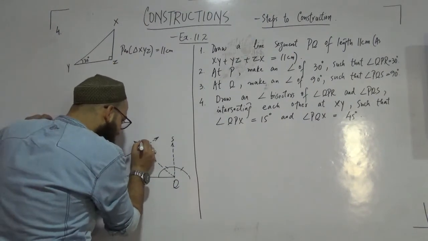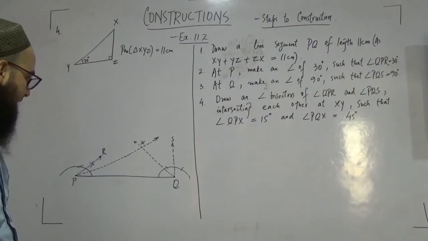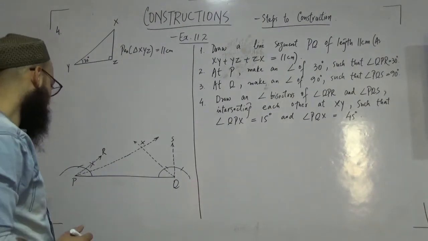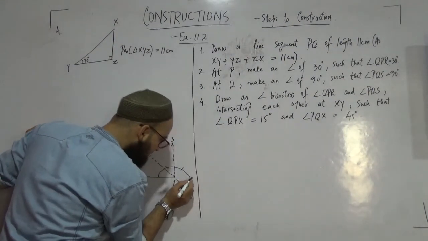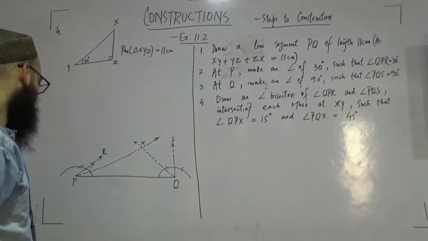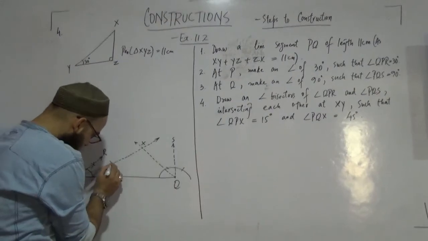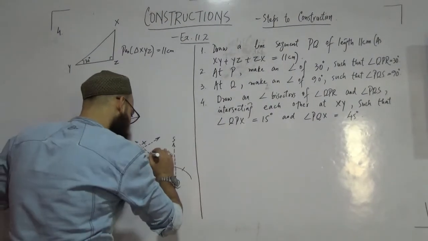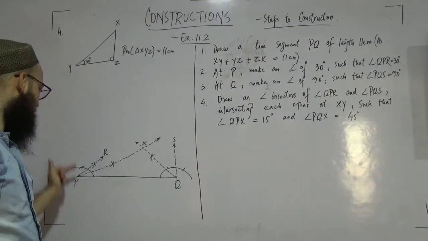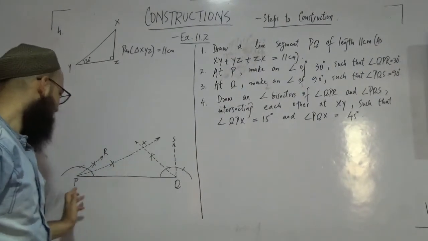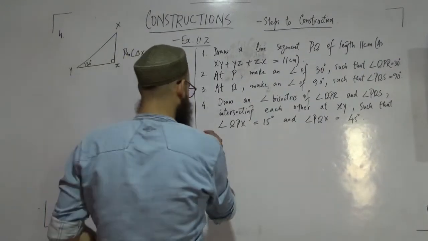Now this point of intersection is your X. It's like this. So PX is the bisector of angle QPR and QX is the bisector of angle PQS.